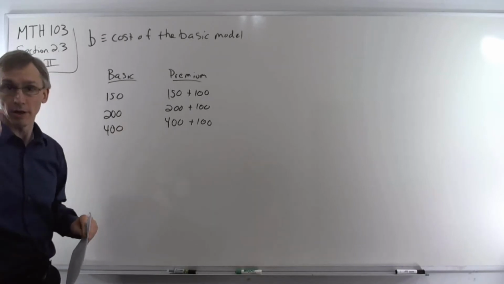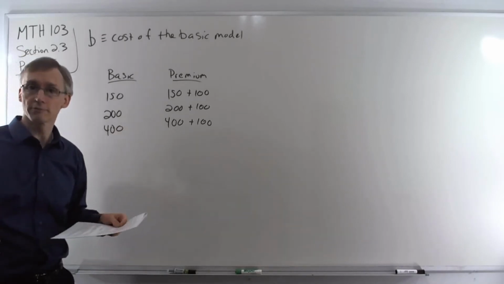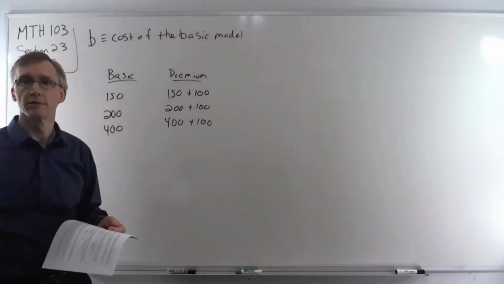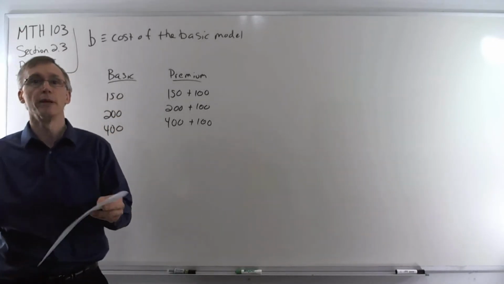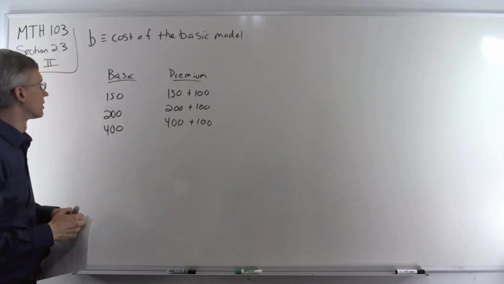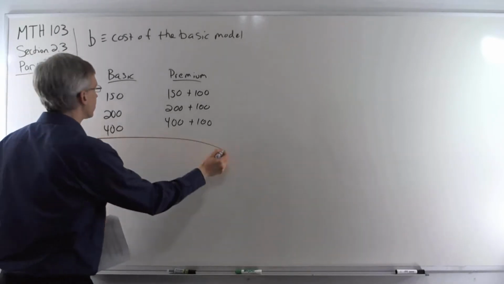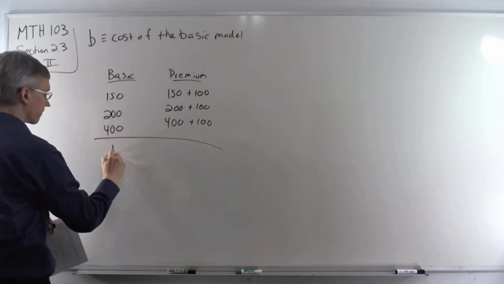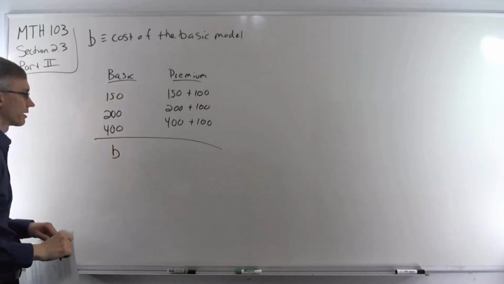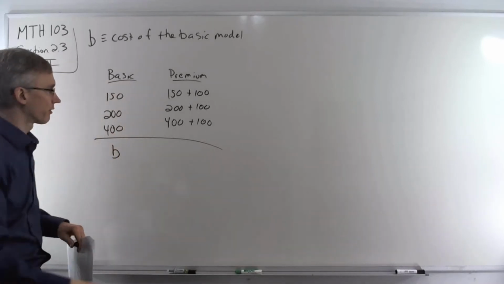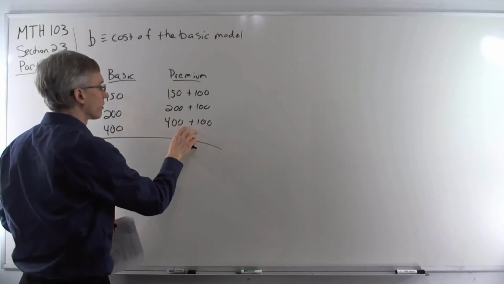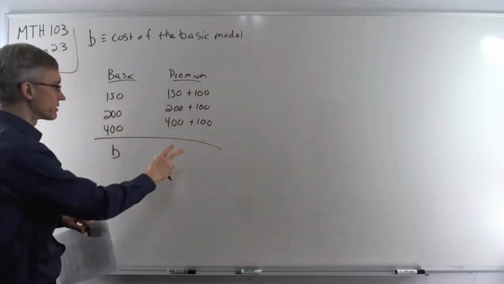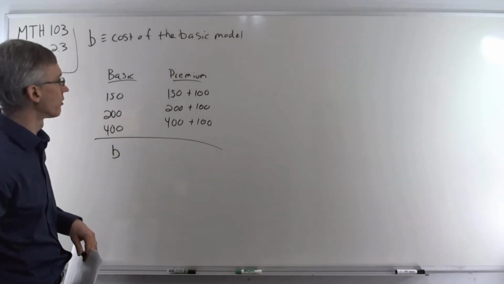So using some real numbers like this can help us to create the expression. Now numbers that change, those are variables. That's the reason we have a variable, because that number could be anything. Now we've already defined the basic model to be B. So I'm just going to call this B. This is a number that changing, and I'm going to represent it with the variable B. Now over here I need an expression for the price of the premium model in terms of the basic model. So that means we can have some B's over here. Well, where's the B going to go?